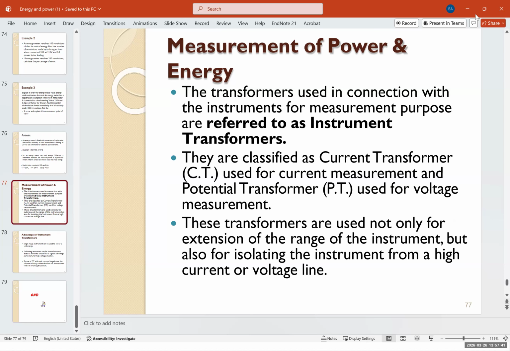The transformers used in connection with instruments for measurement purposes are referred to as instrument transformers. They are classified as current transformers, used for current measurement, and potential transformers, used for voltage measurements. These transformers are used not only for extension of the range of the instrument, but also for isolating the instrument from a high current or voltage.